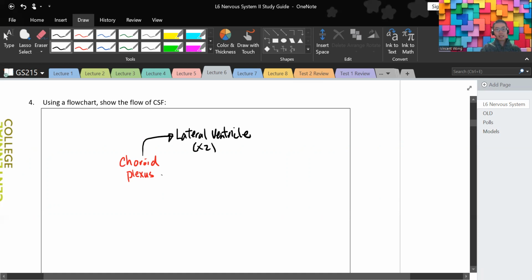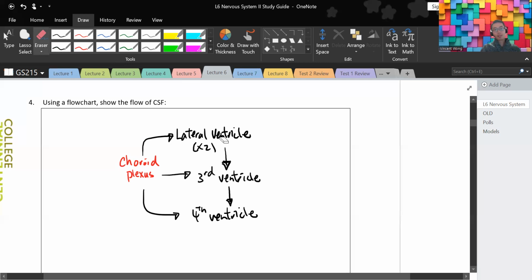Then it will also fill up the third, and of course the fourth. Each of them has the choroid plexus, and inside the choroid plexus, you have the ependymal cells that make the CSF. Now, the lateral ventricle will drain into the third, and the third will drain into the fourth.